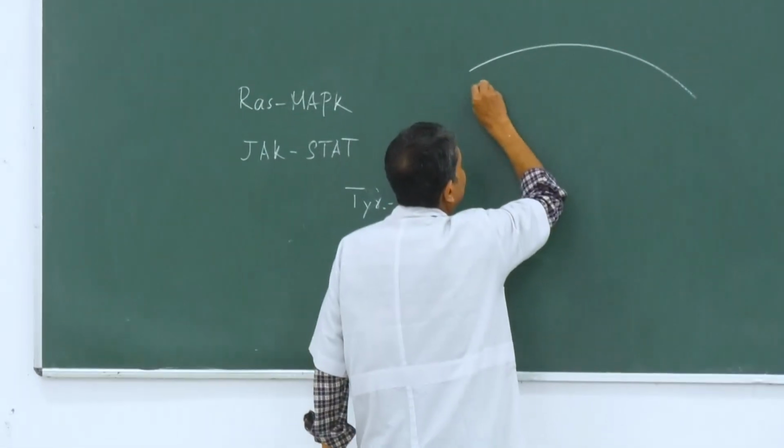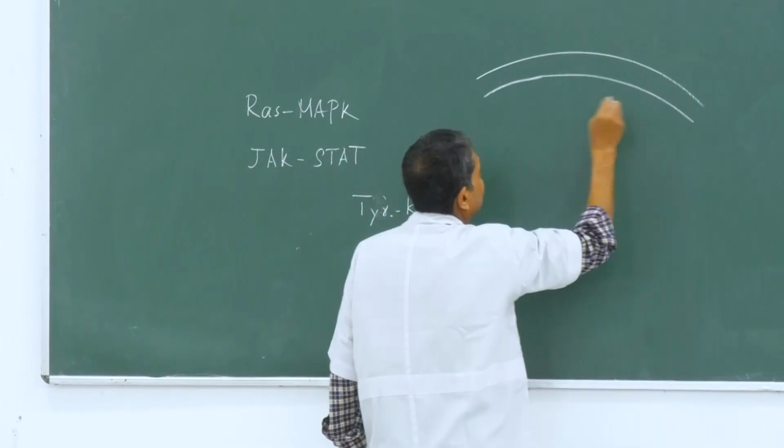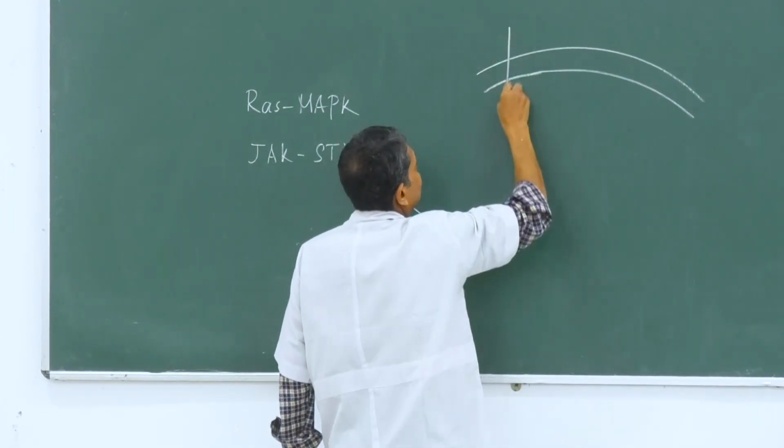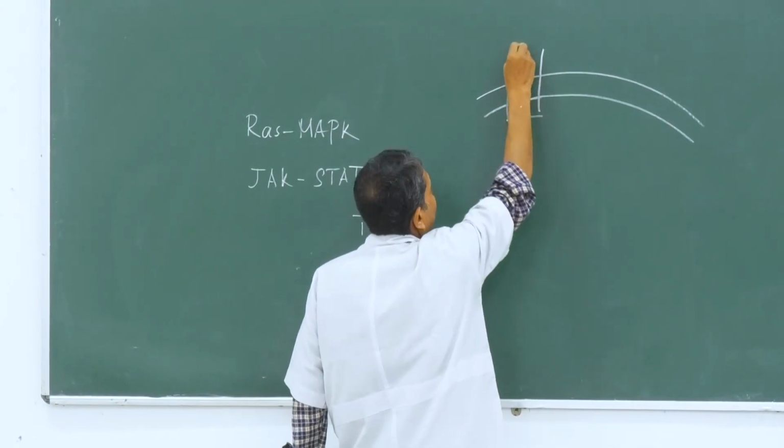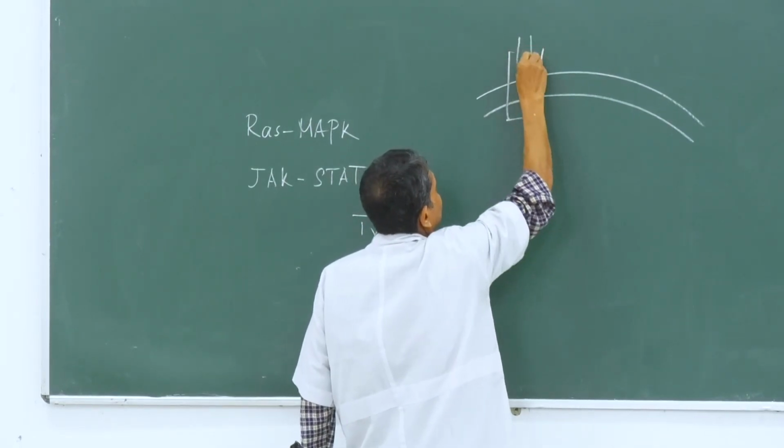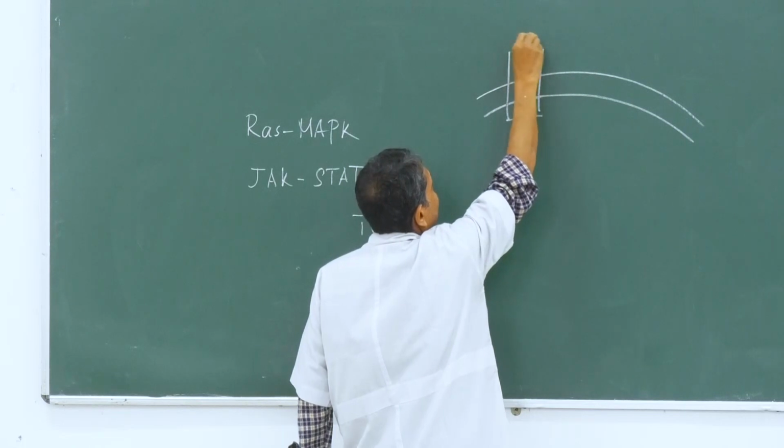Suppose a cell membrane over which they can have their effect. Suppose it is this receptor, and in this case it is the ligand.